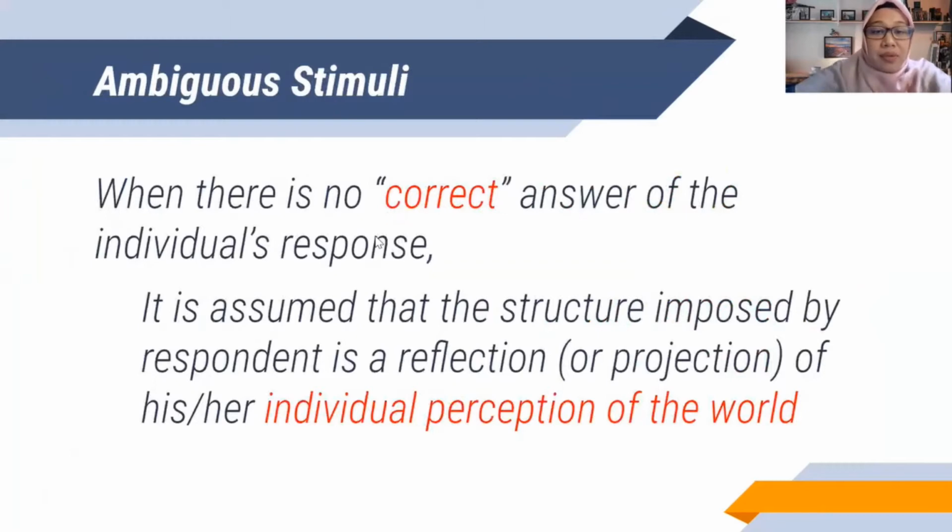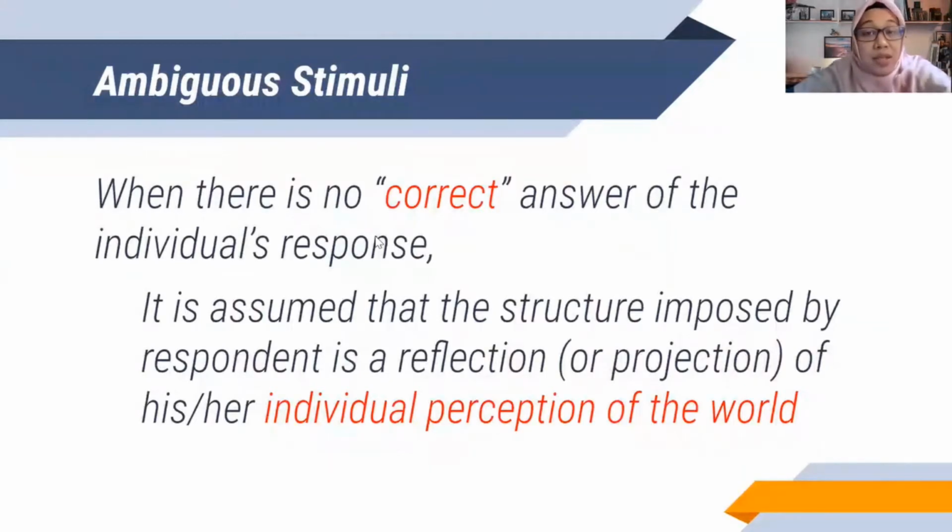With ambiguous stimuli, we cannot say that the response is correct or wrong because every kind of response is acceptable. When there's no correct answer, it is assumed that the structure imposed by the respondent is a reflection or projection of his or her individual perception of the world.